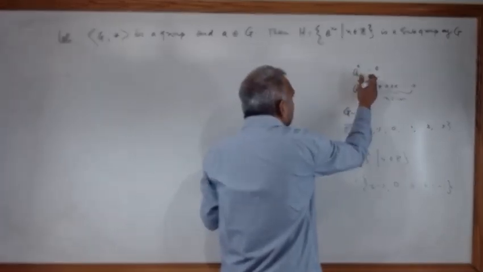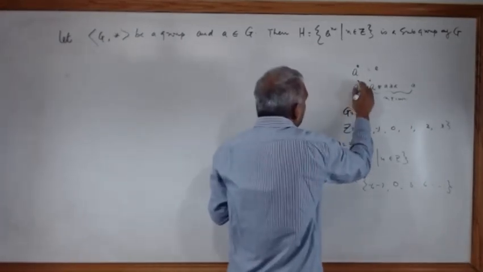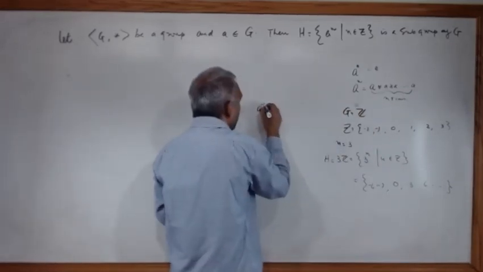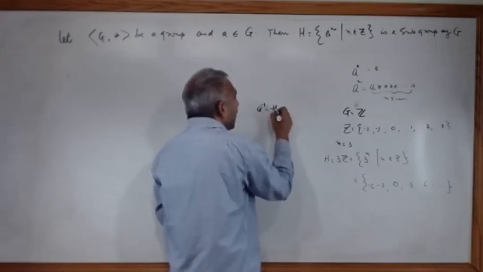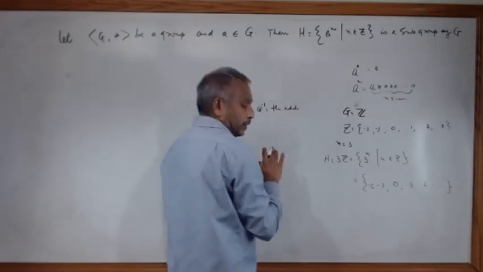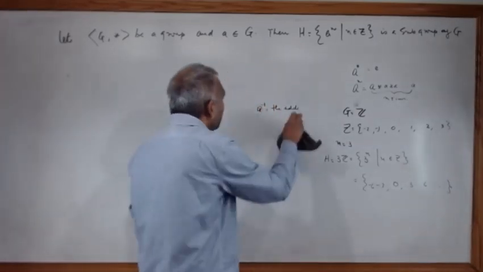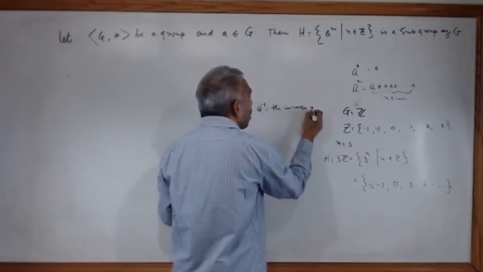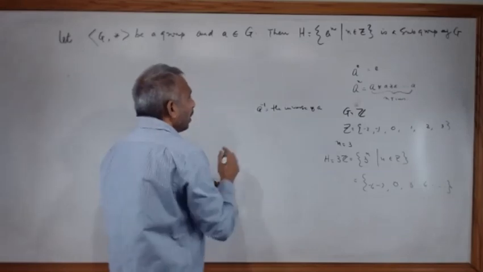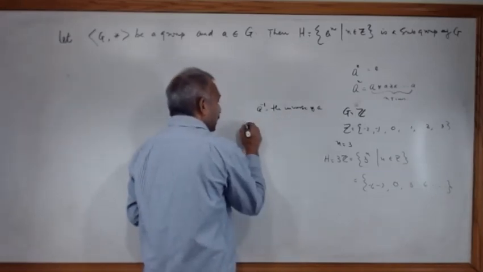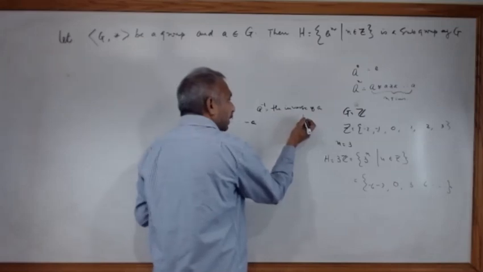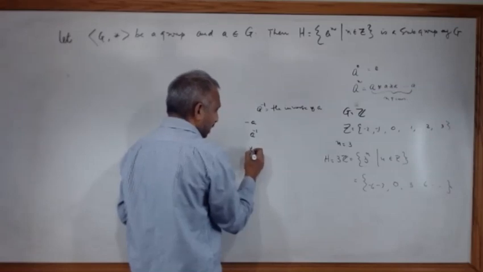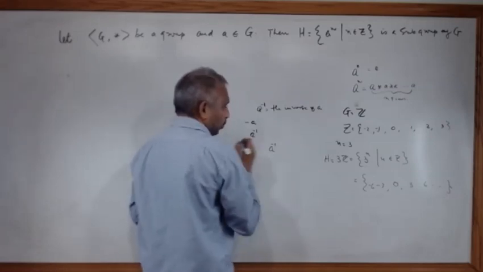And that is because using this notation, a to the power of minus 1 is the inverse of a. If it is addition, we normally write it as minus a. If it is a multiplication, or in general, if star is a binary operation, we normally write it as a to the power of minus 1.